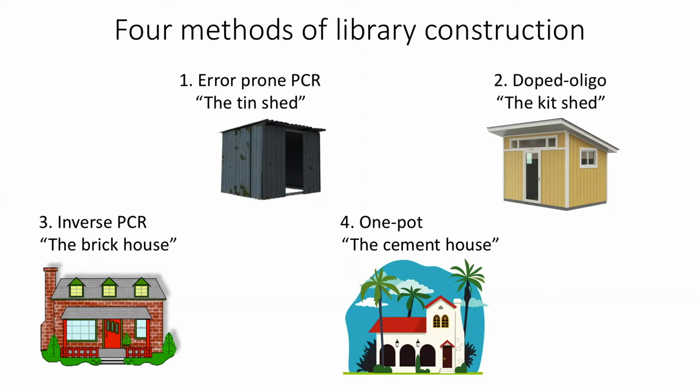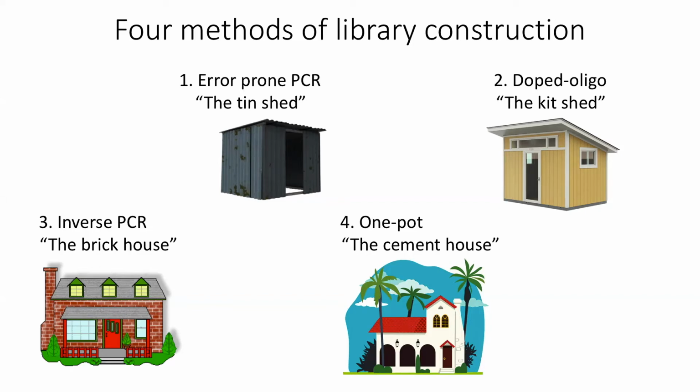Doped-oligo methods can be really useful. I'm referring to it here as the kit shed, or like a tough shed. They're generally higher quality than, for example, error-prone PCR libraries, but the major restriction is on size. You can't make them too large. And then inverse PCR and one-pot based methods here are overall accomplishing the same goal in terms of the type of library that you're trying to construct.